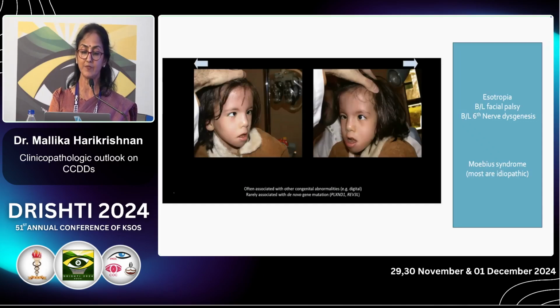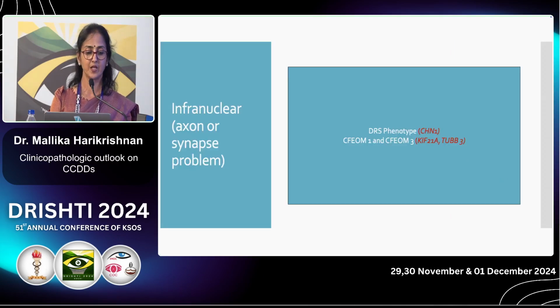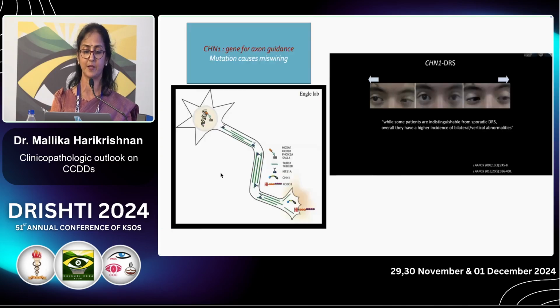This is a child with esotropia, bilateral facial palsy, and bilateral sixth nerve palsy: Mobius syndrome. And coming to the infranuclear problem, as I said earlier, it is due to an axon or synapse problem. The DRS phenotype with CHN1 mutation, and CFEOM1 and 3 due to KIF21A and TUBB3 mutation, are examples.